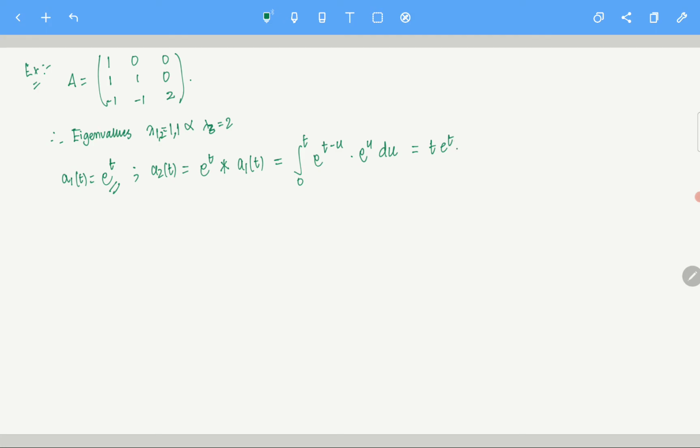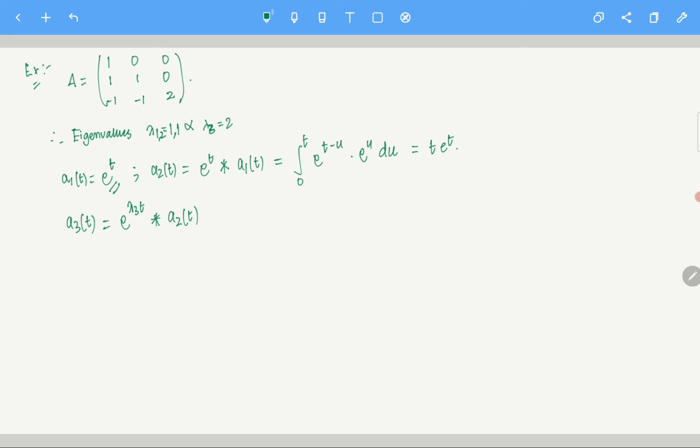Now I need to calculate what a3 of t is. a3 of t is a little different. If you remember, a3 of t is exponential lambda 3 of t convolved with a2 of t.